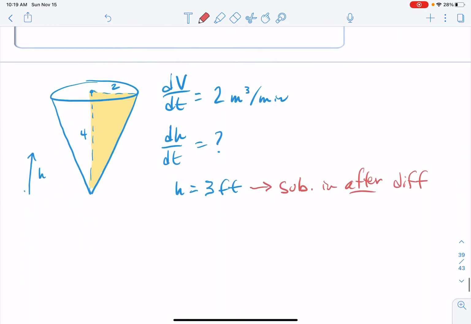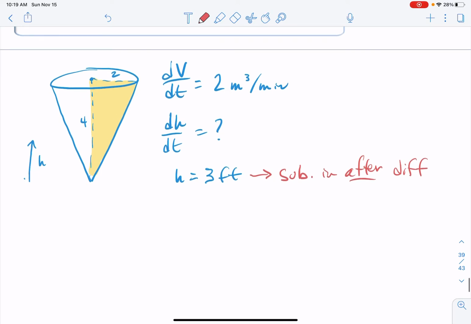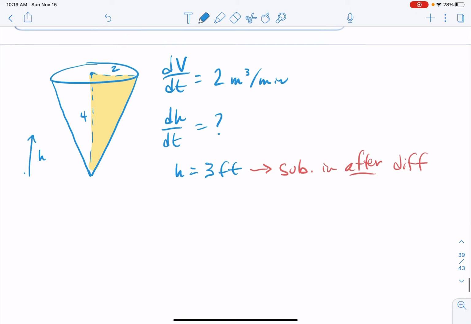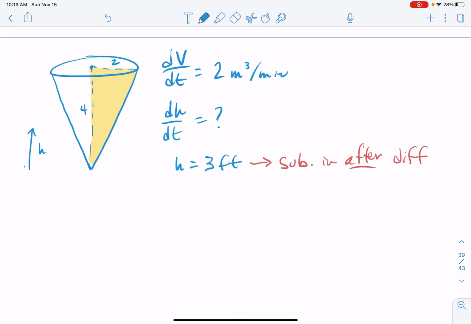Maybe you don't know that whenever you're working a problem like this on your own, especially under the time situation of a test, a quiz, real life. I need an equation that's going to relate all of these quantities together. And we are talking about the amount of water that is in a cone. That's the volume of a cone.